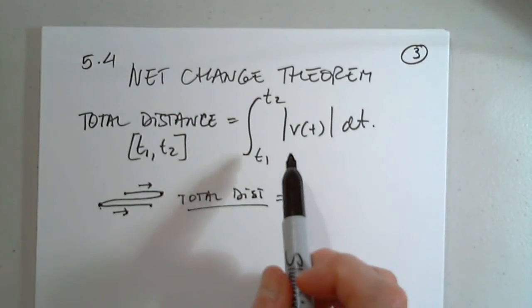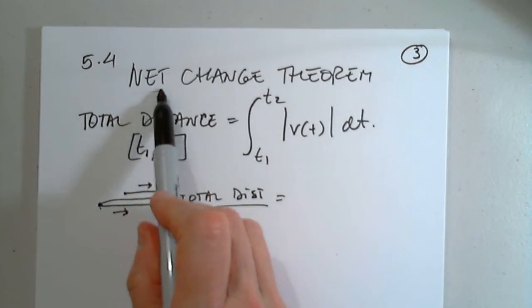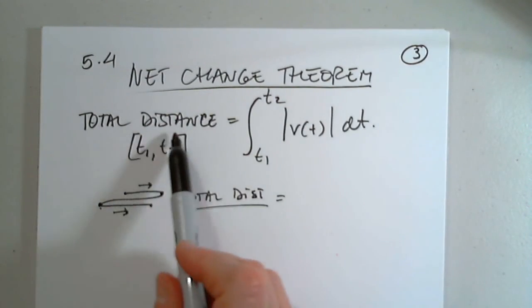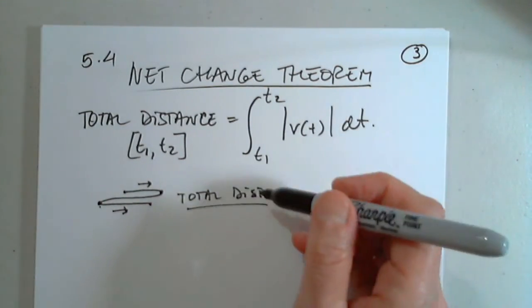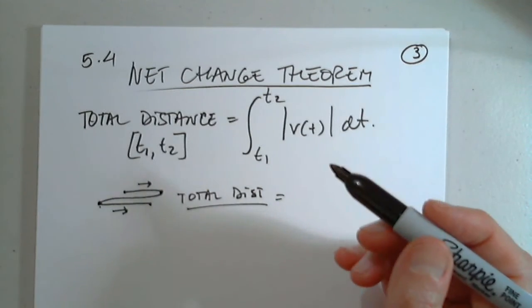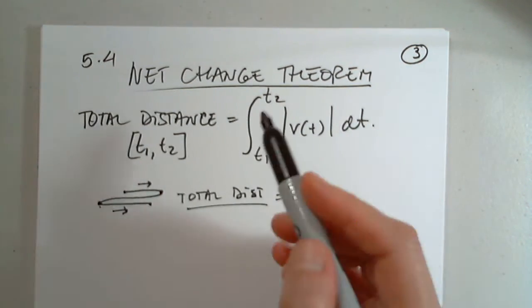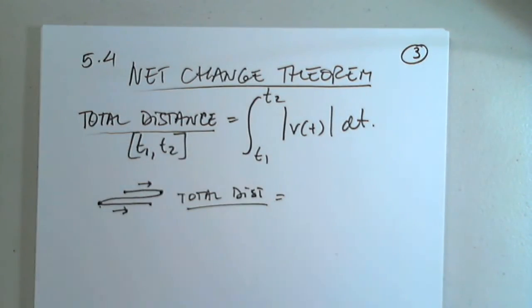But now we don't have to do that because of the net change theorem, which is for distance, but also for concentration, for pressure, for volume, you name it. We are only going to look at the total distance covered by a particle using integration this time, not the way we did it before.